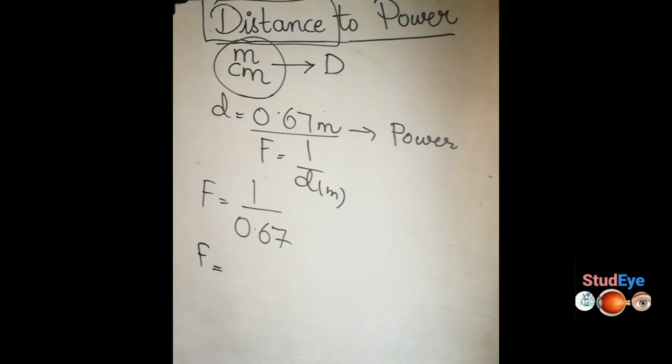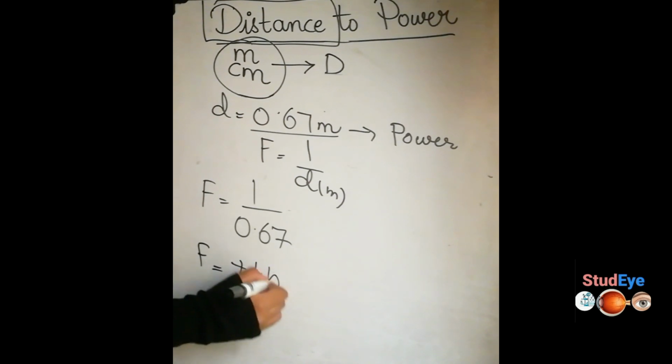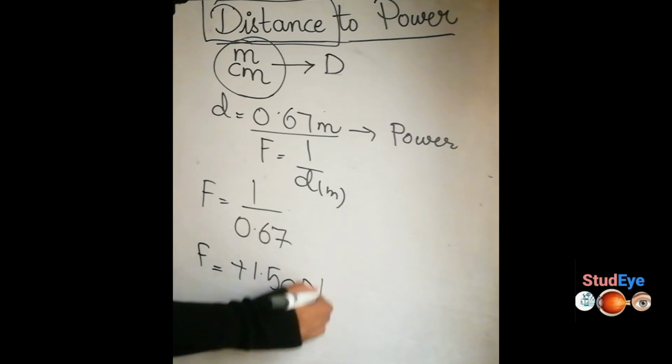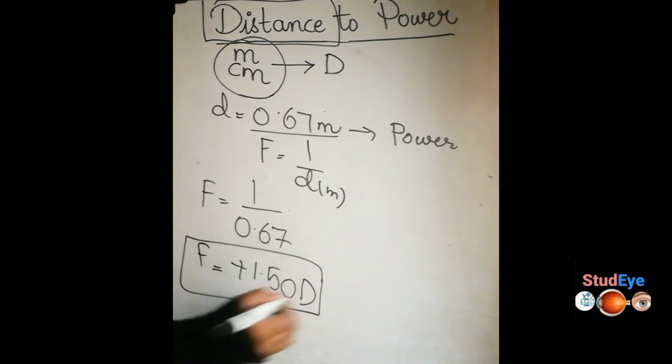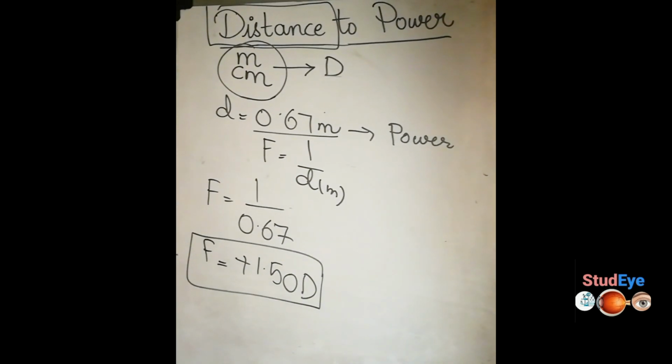In the end, in retinoscopy readings, we subtract this plus 1.5 diopter from the final neutralization number, right? This is why you should know how to convert the distance into power.